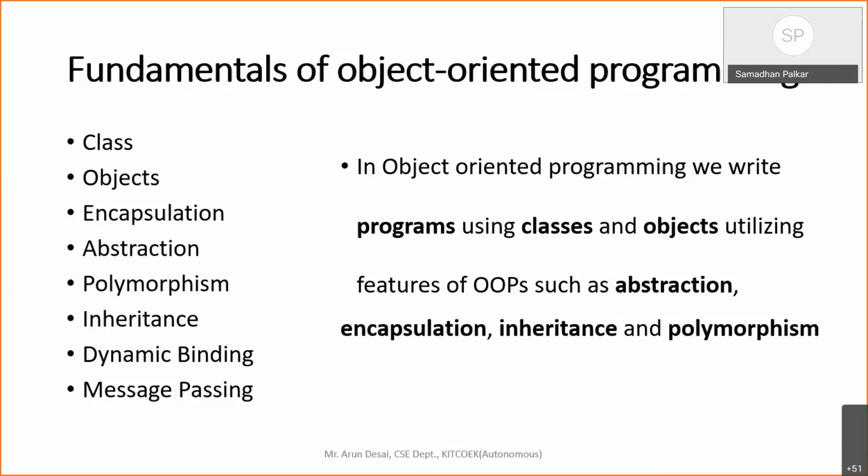What all things are there in classes and objects, we'll discuss in the next slide. For the time being, treat this class as a structure. For writing a program we have classes and objects, and in that program we are utilizing the features called abstraction, encapsulation, inheritance, and polymorphism.